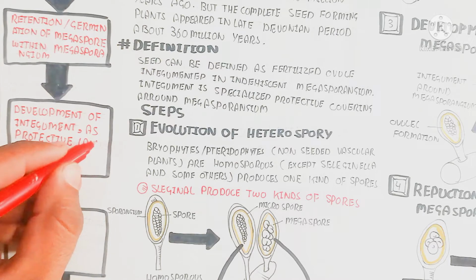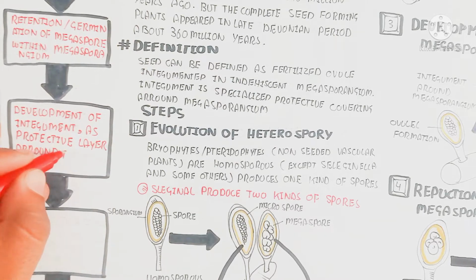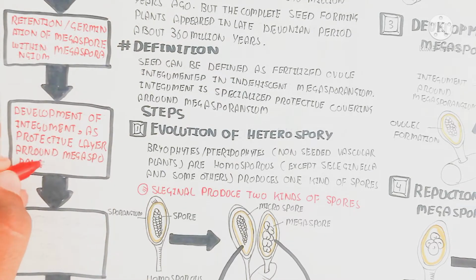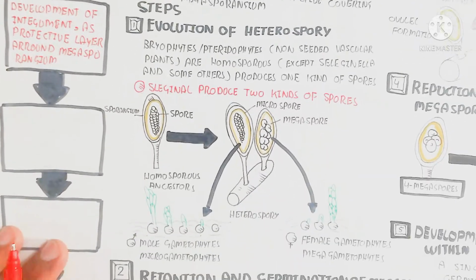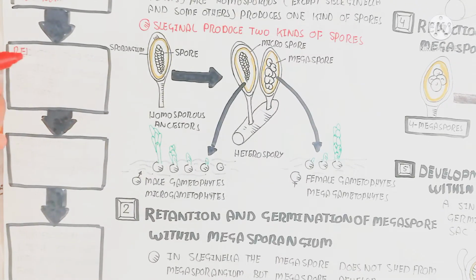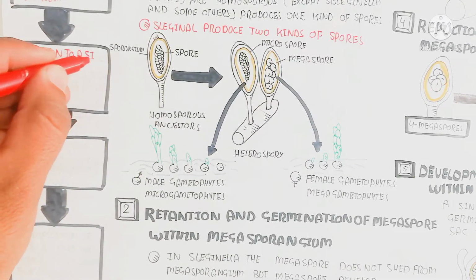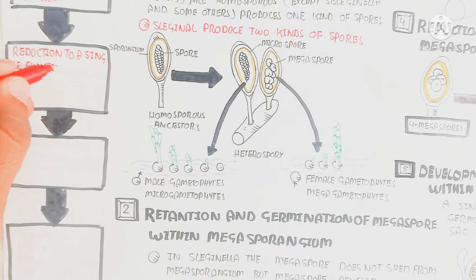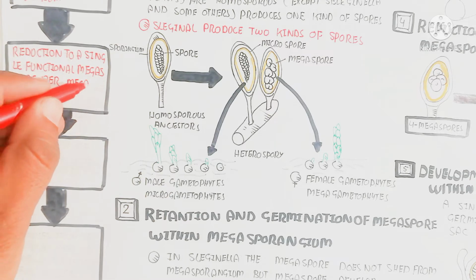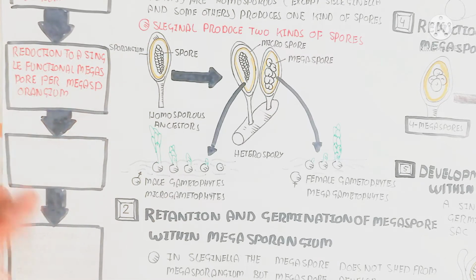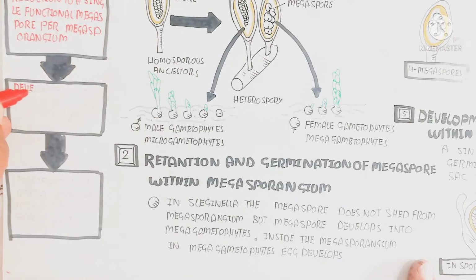After this, the development of the embryo sac within the megasporangium, which leads to modification of the distal end of the megasporangium for pollen capture.